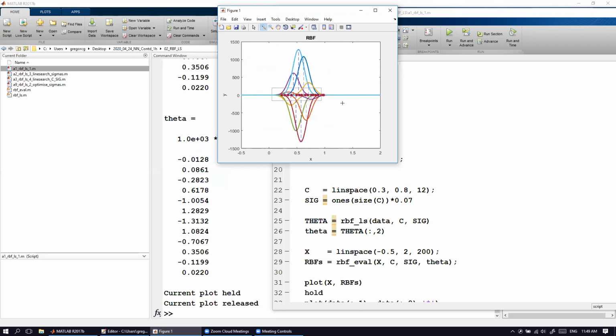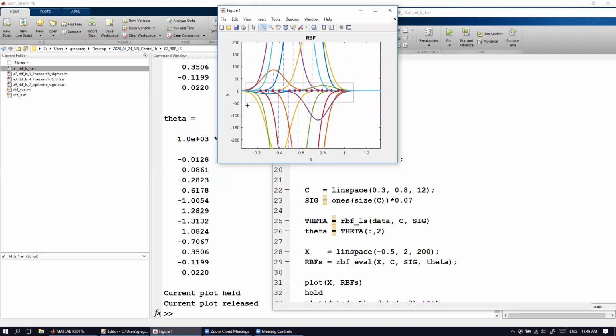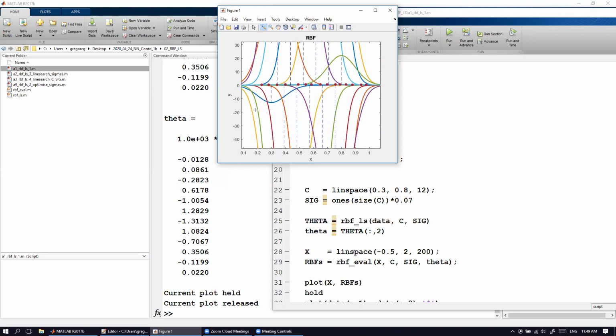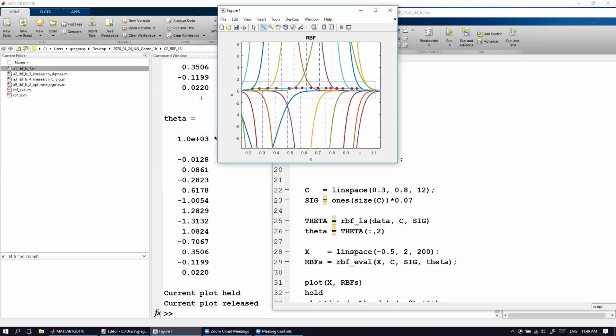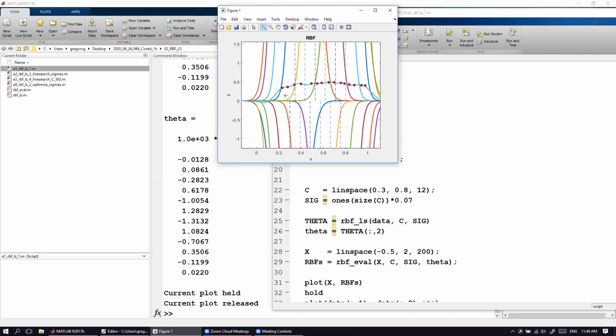It seems that we get a good approximation, but this is because the weights are so very big and so very small. This is not a good approximation because we are starting to overfit the data. That means the neural network wants to fit each neuron exactly to a data point, and this is not good.